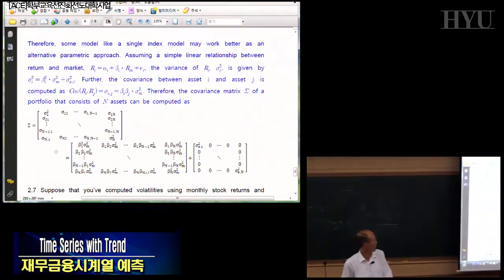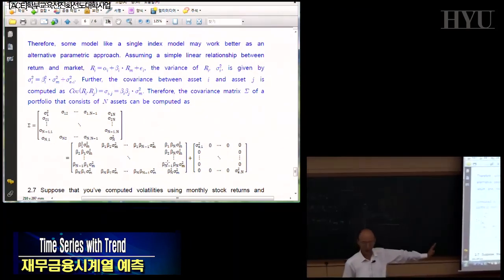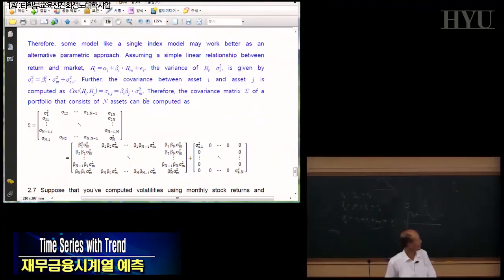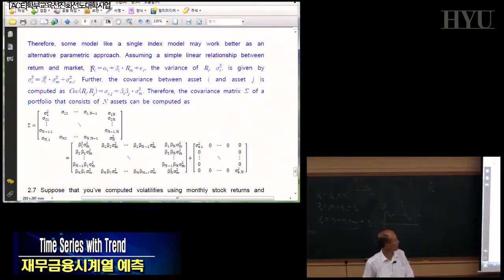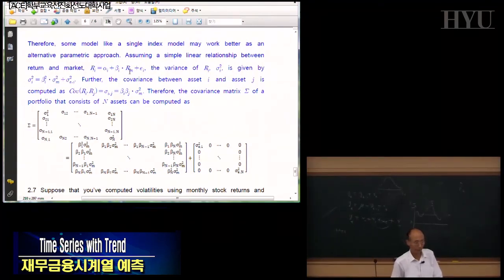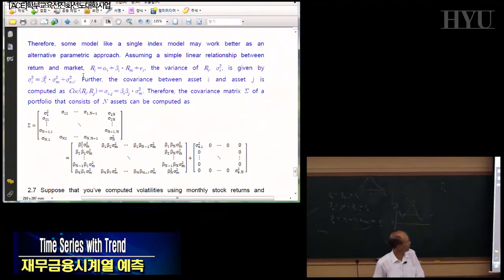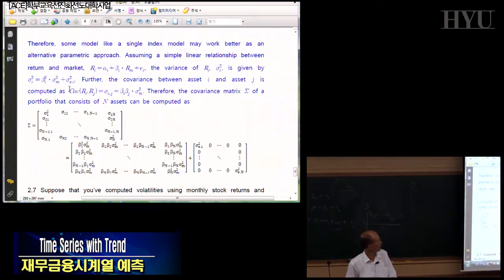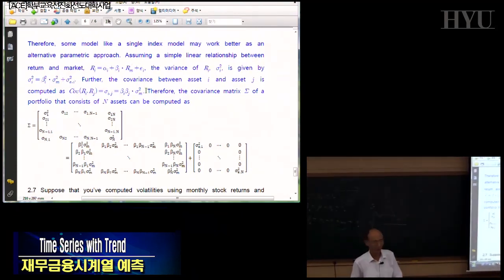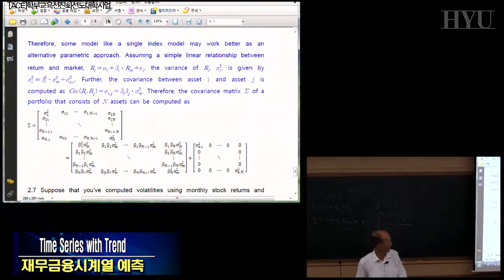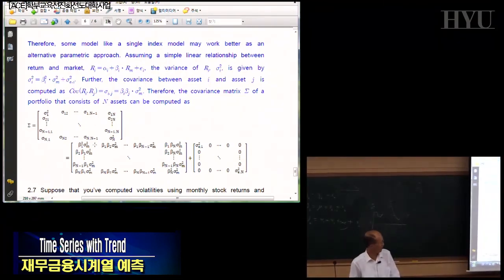Right? So you can find a simpler formula. But this is what we mean by single index model. The key element is this one, and this one. Then you can fill out this whole thing with this.